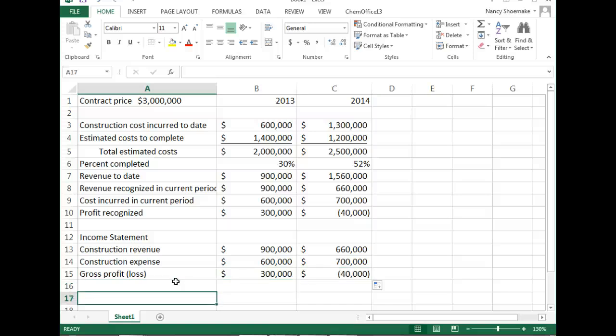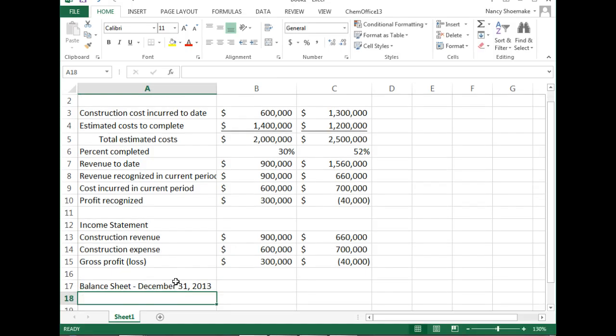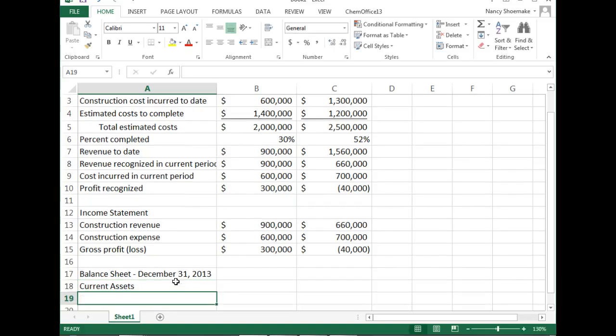Next, let's look at our balance sheet. Balance sheet, December 31st, 2013. Current assets. What's our accounts receivable?